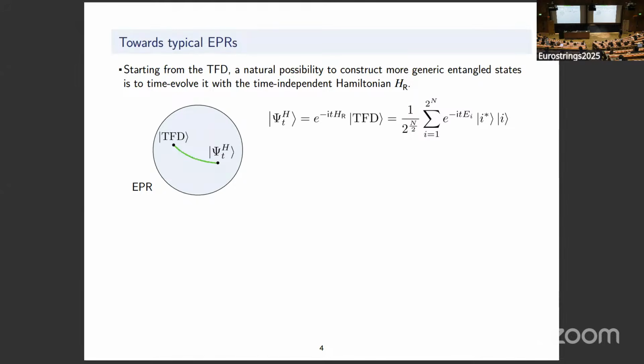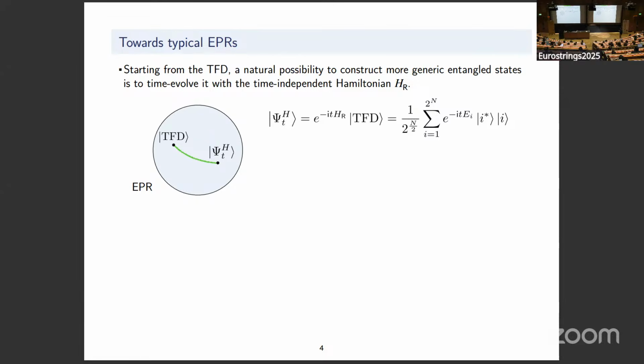Okay, so the goal is to start from the thermofield double, because the thermofield double is a state that we understand very well in holography, and from there try to build a generic entangled state of two black holes. The natural thing to do is to just take the thermofield double and time evolve it with some time-independent Hamiltonian. Okay? So this will produce a trajectory in this space of maximally entangled states, in this qubit example.